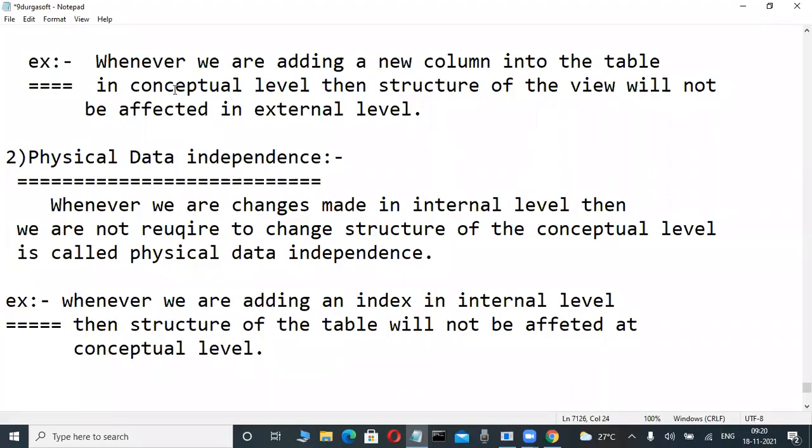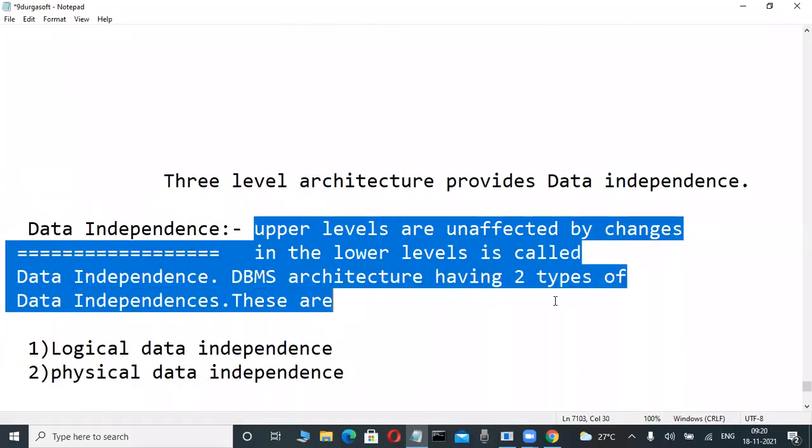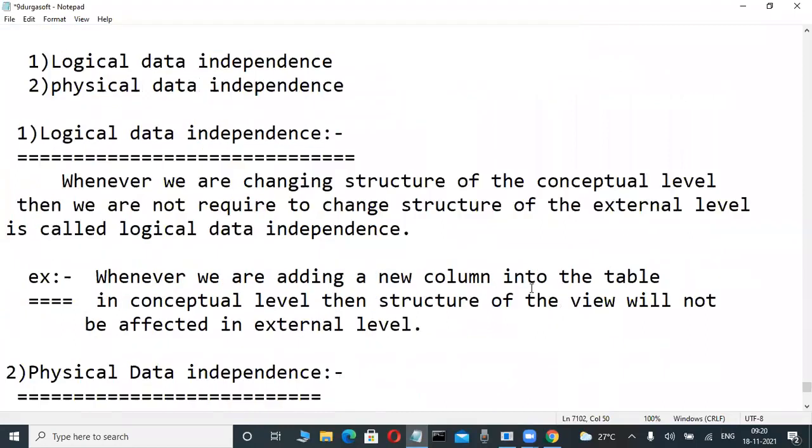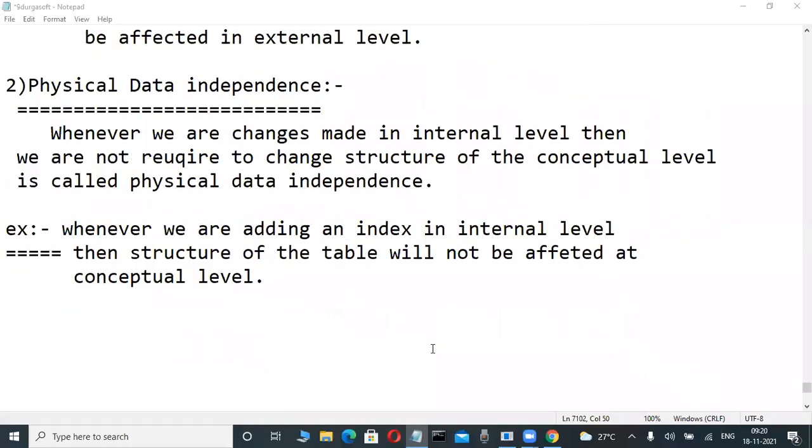This is theory. Data independence means upper levels are unaffected by changes in the lower levels. If you remember that, all these things are very easy. Come, write it fast. Indexes we will learn in another chapter.